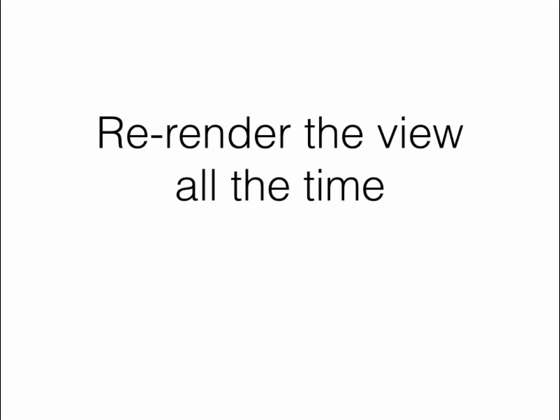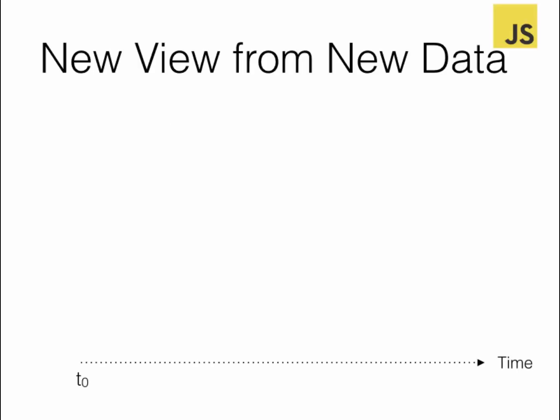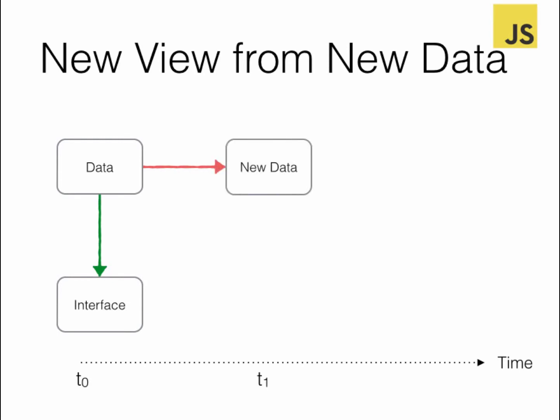So React takes this approach and says, why can't we apply it on the client side? That is, if data changes, just re-render the whole view as if the user has pressed F5 or the refresh button, right? So we will re-render the view all the time. If there's new data, we will just get a brand new view. Now we have our data, we generate the interface. We have a newer version of data. From the data, we generate a newer interface.